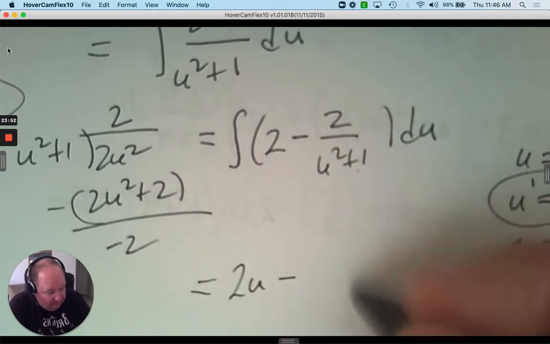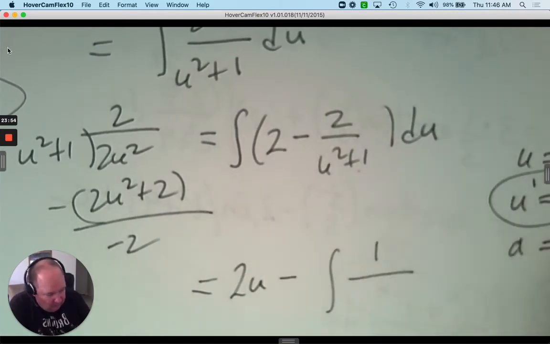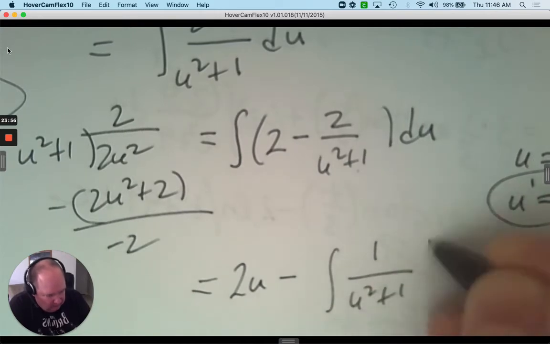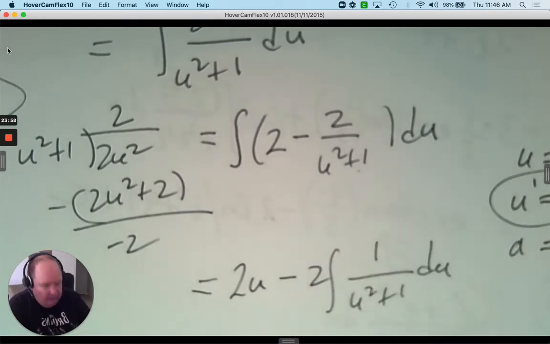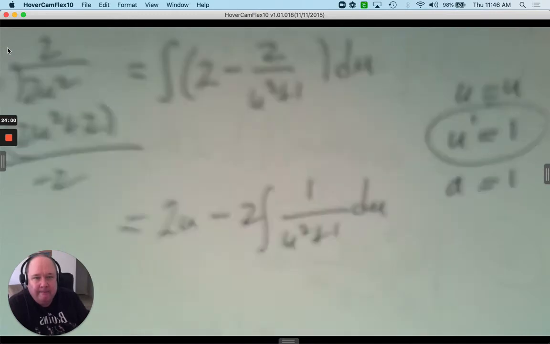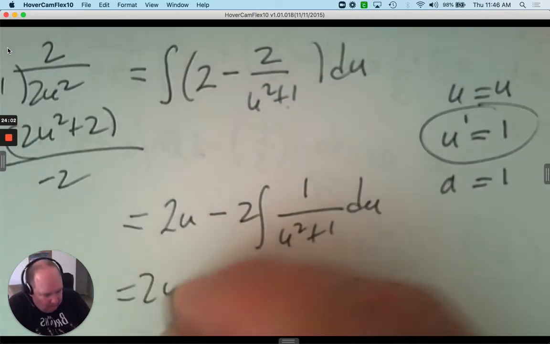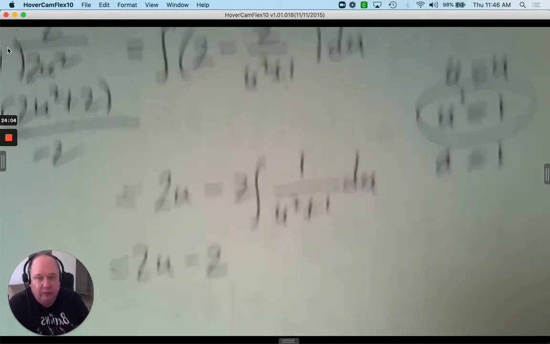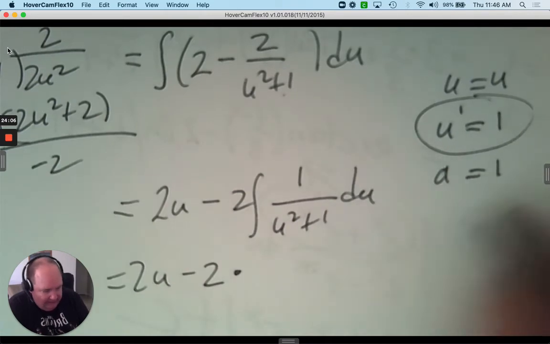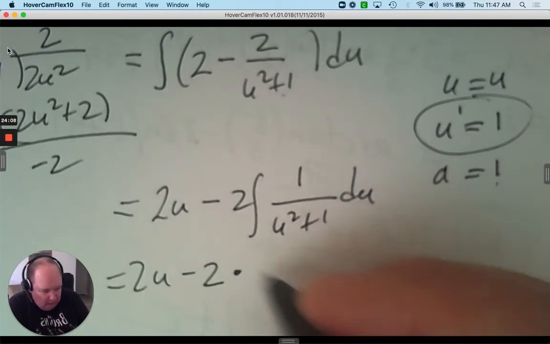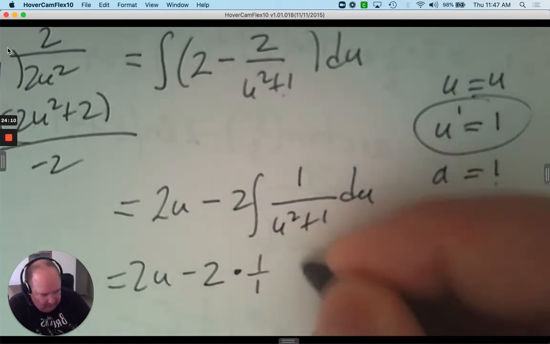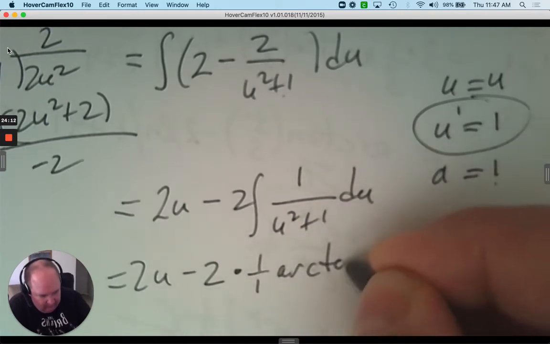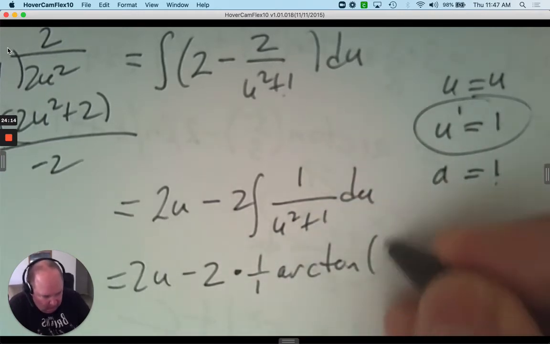So for the second one, it needs to be 1 over u squared plus 1. So we need a 2 in front. And now the rule is start with 2. And now it's 1 over a. Well, a is 1. So 1 over 1, if you like. Arctangent. And then u over a. U over 1.